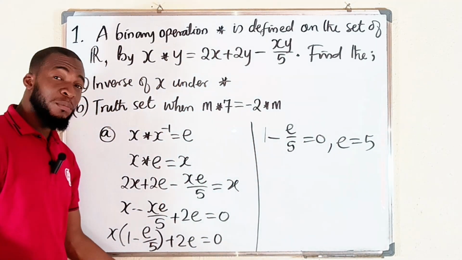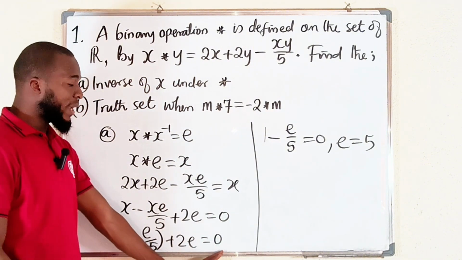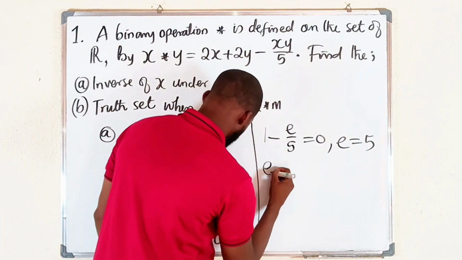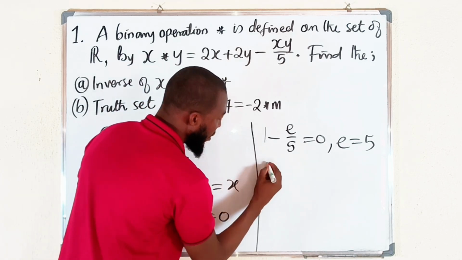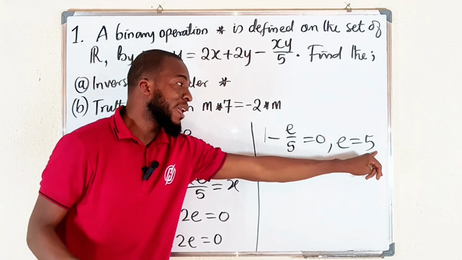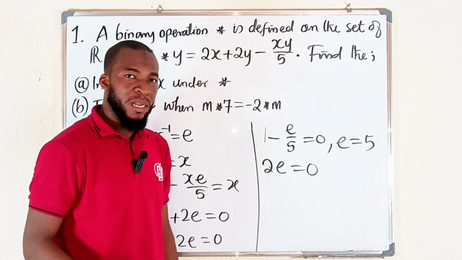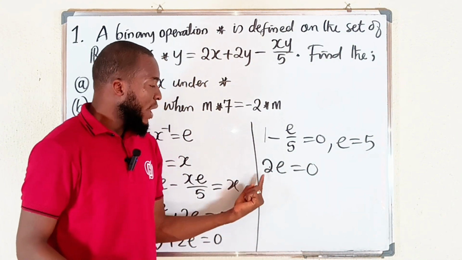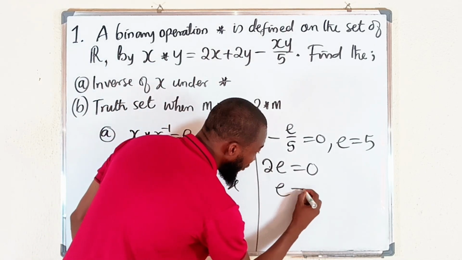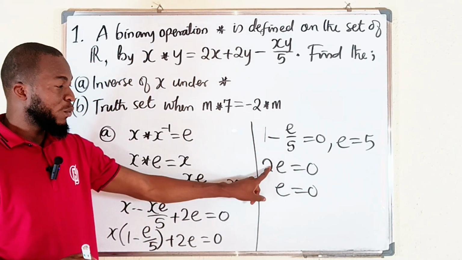And also the constant must be 0, because it has to be 0 plus 0 in order to get 0, right? So 2e must be 0. But we have seen that e here is 5. So 2 times 5 is 10, and 10 can never be 0. Or you can break it from here and say that e equals 0, by dividing both sides by the coefficient of e, which is 2.